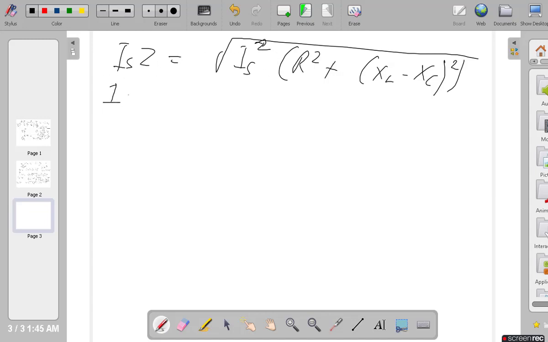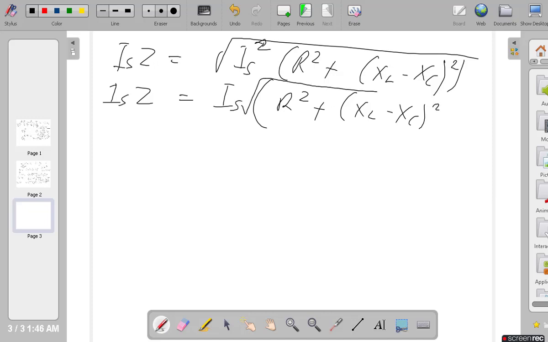We can say our IS Z is equal to IS times the square root of R squared plus (XL minus XC) squared. If we do this, we can cancel the IS on both sides, so what we have is our Z total.